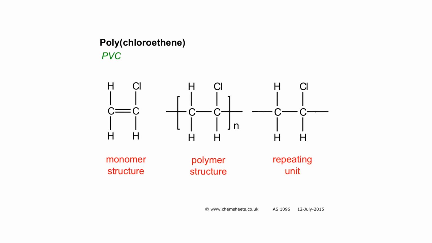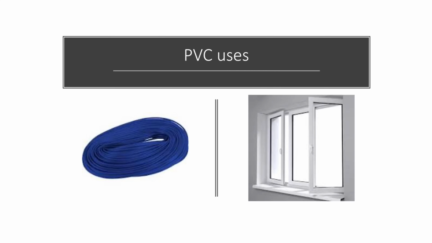So the specification specifically mentions polychloroethene or PVC. So the monomer structure is just this, the polymer structure, and the repeat unit, just as we mentioned before. It's just got the chlorine here, so it's polychloroethene, or as it used to be called, polyvinyl chloride, now PVC. So PVC uses.